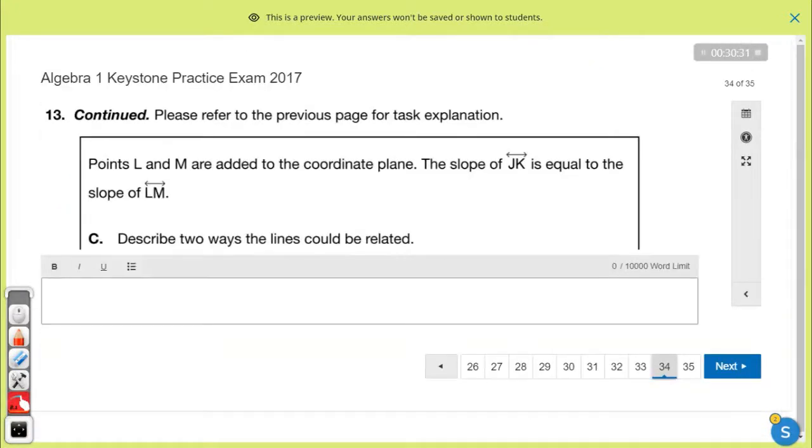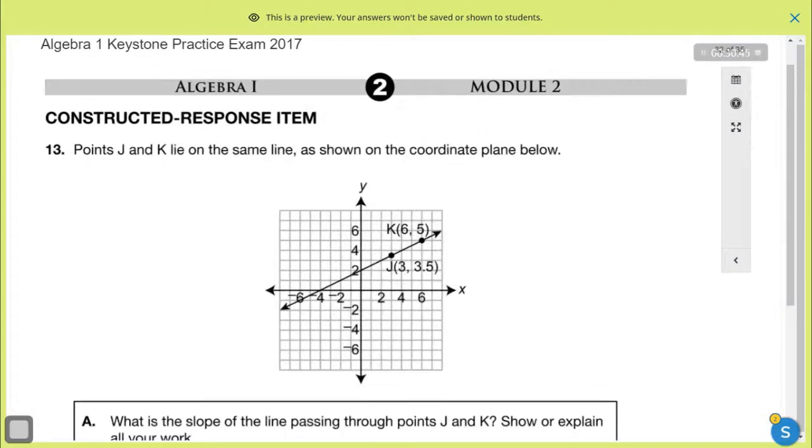All right, and the last part of this: points L and M are added to the coordinate plane. The slope of JK is equal to the slope of LM. Describe 2 ways the lines could be related. Again, I'm going back to my graph for this one.